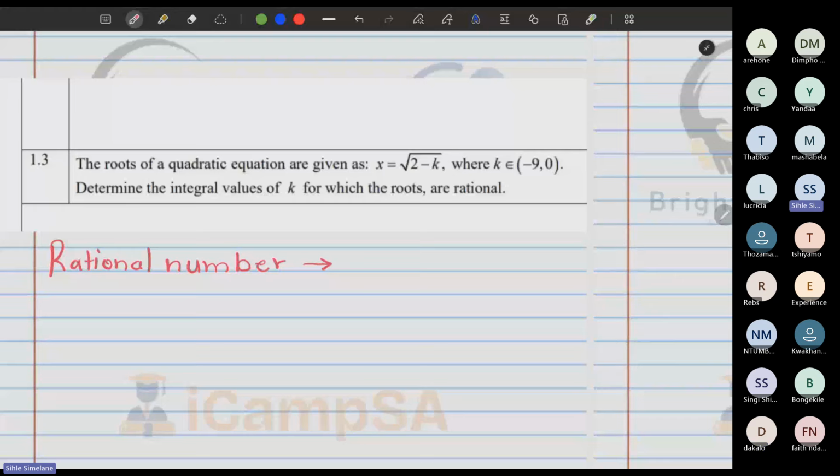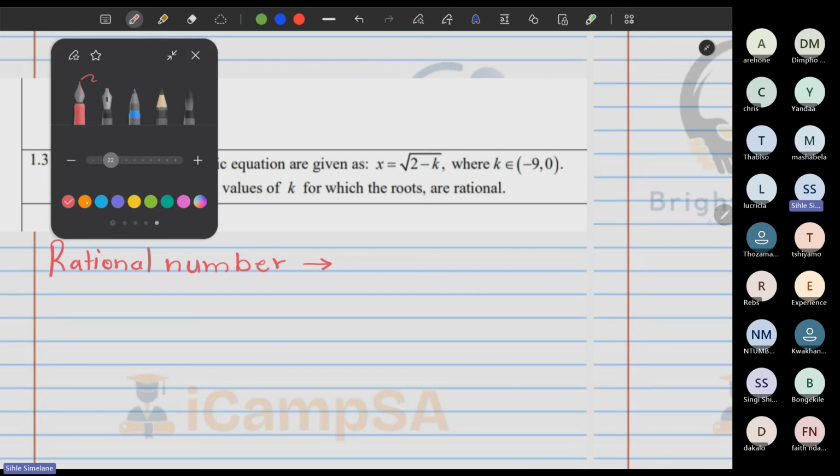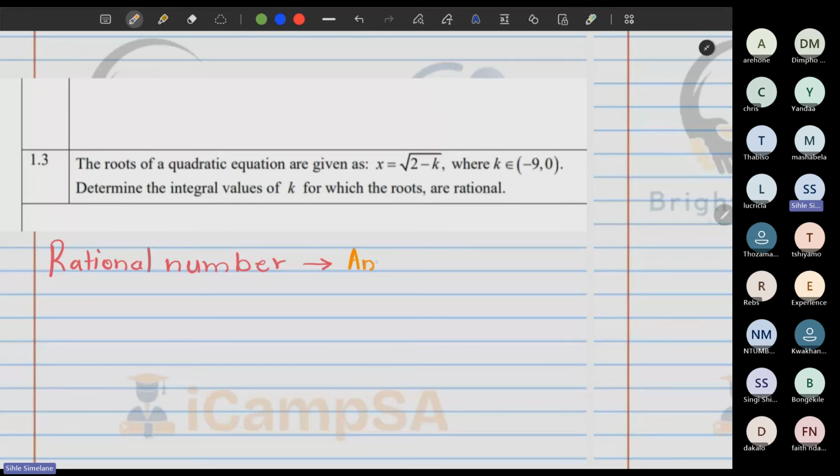So it's a number that you can be able to write as a fraction. So that is what it is. So this is any number that can be written as a fraction.